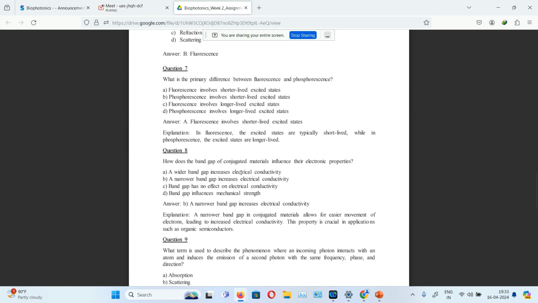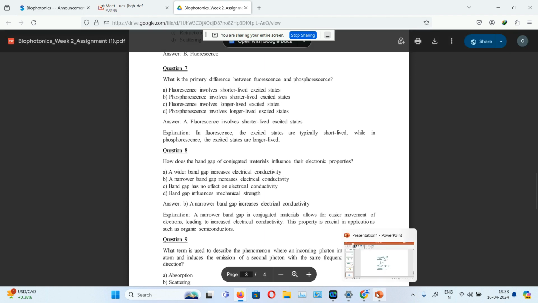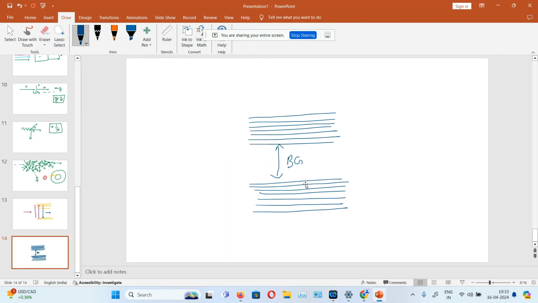A wider band gap increases electrical conductivity. The band gap is actually decreased, so electrons can move from the lower band to the higher bands easily. So in the case of a conjugated material, the band gap is getting narrowed, and that actually increases the electrical conductivity of the material.